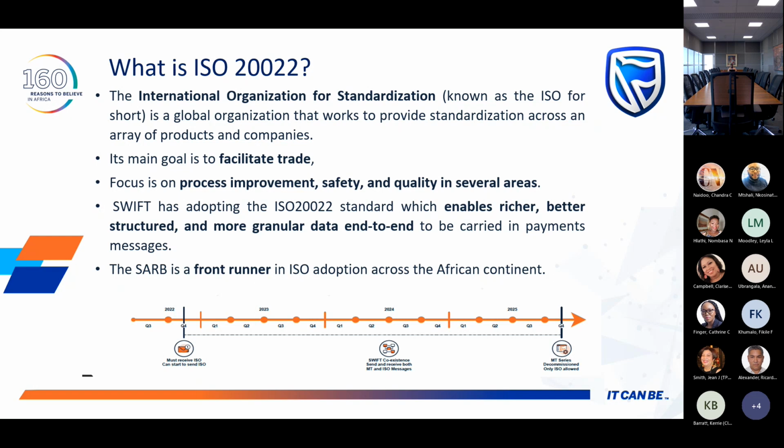So banks had to do a lot of work and enablement to be able to send these to one another, as well as to the SARB, the SARS, as some of the National Treasury departments that deal with payments. So we all together went live on the 19th of September with all sending each other ISO messages in terms of the old MT type messages that we used to send one another.